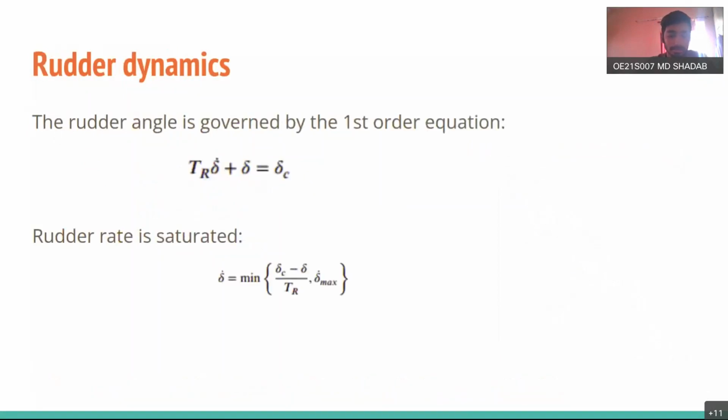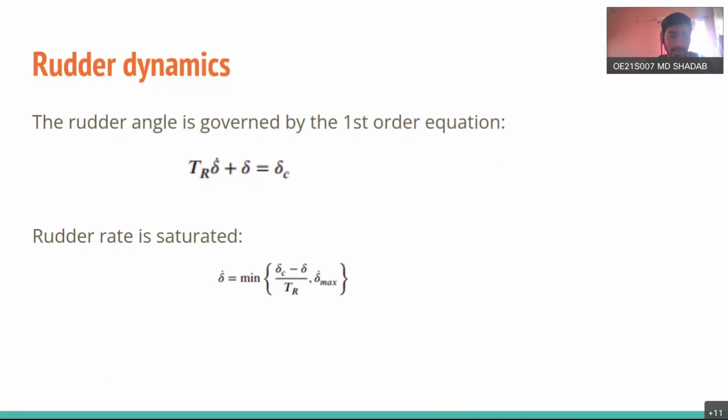Now the rudder angle is governed by this first order equation. In a practical scenario, the rudder angle cannot be varied instantaneously. Here delta dot is the rudder rate, delta is the actual rudder angle, while delta C is the commanded rudder angle.